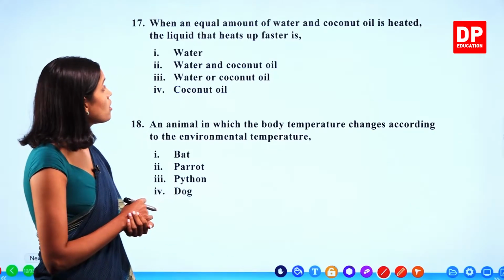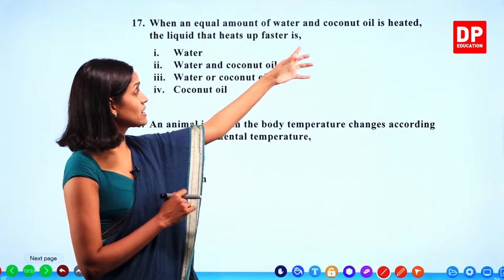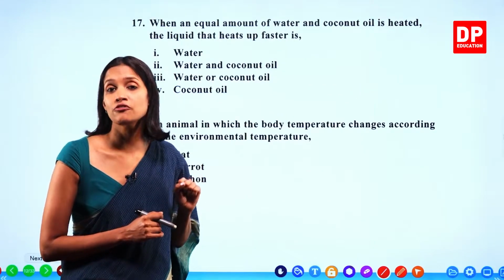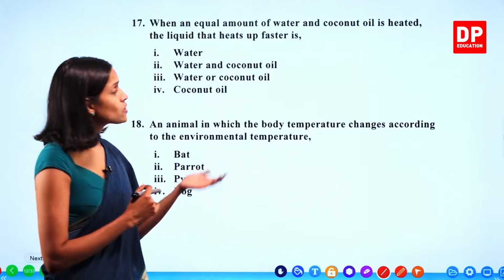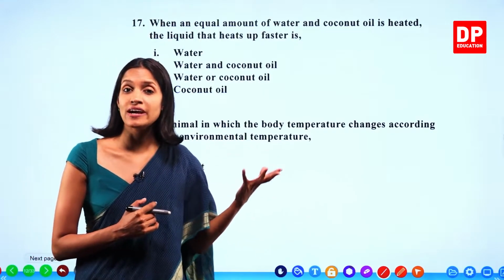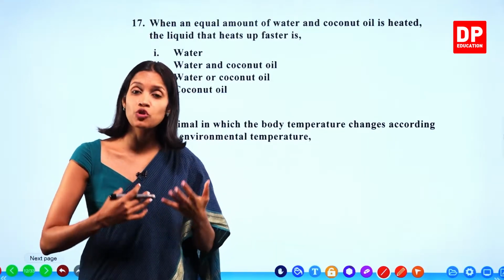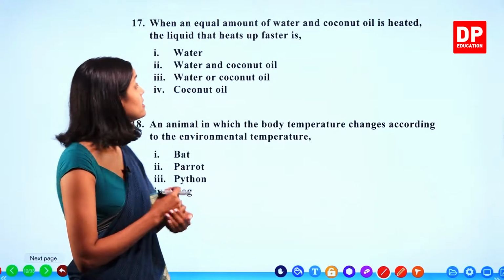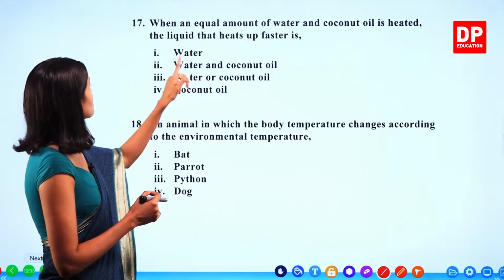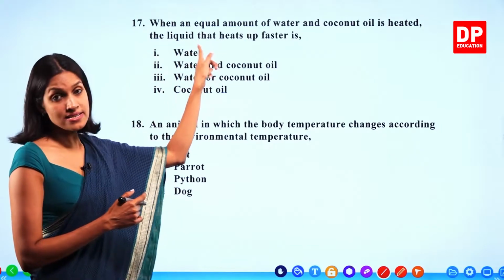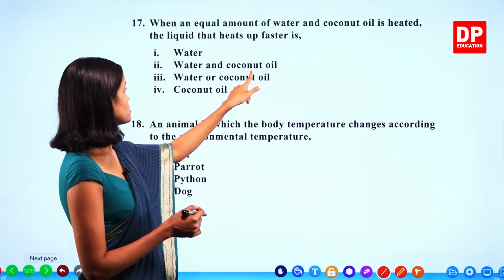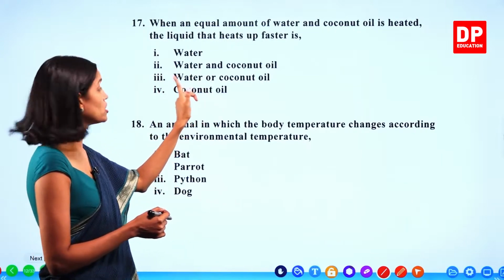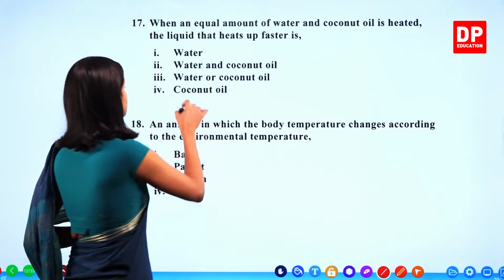You all observed that coconut oil gets heated up faster than water during the same time period. This happens because water has a special ability to absorb a lot of heat. So the liquid that heats up faster is coconut oil. Coconut oil is the answer.